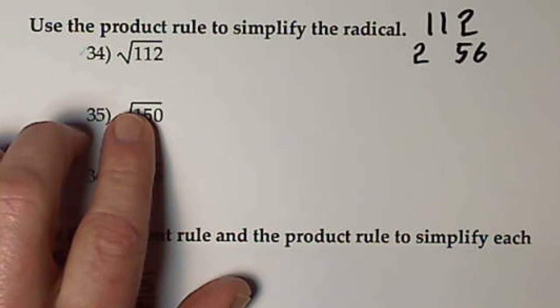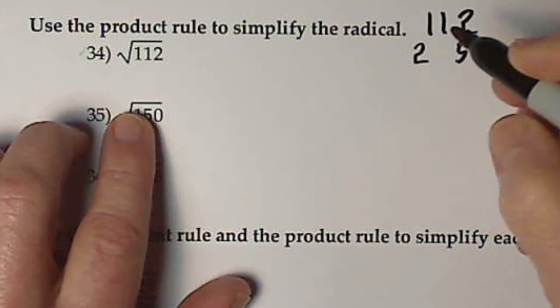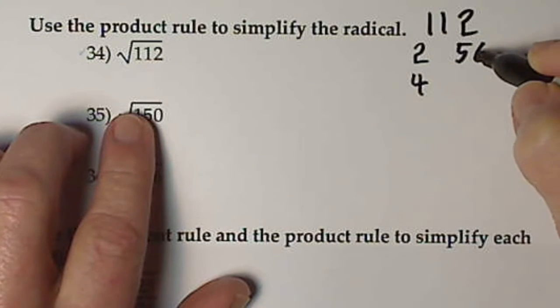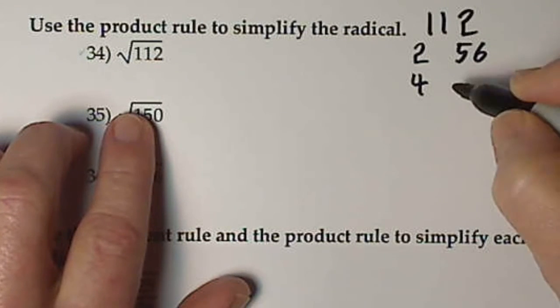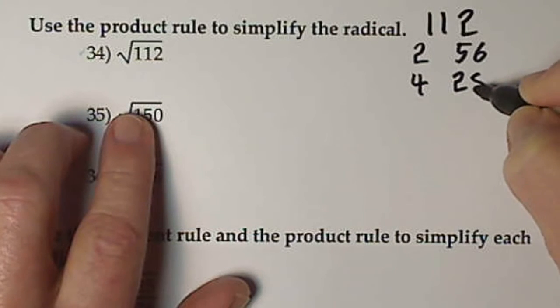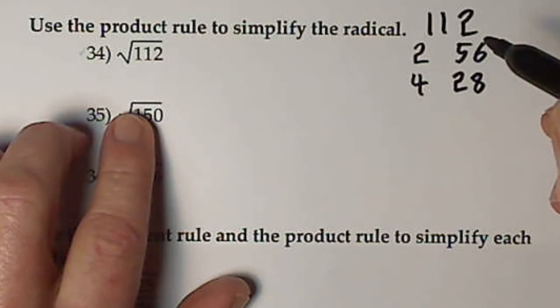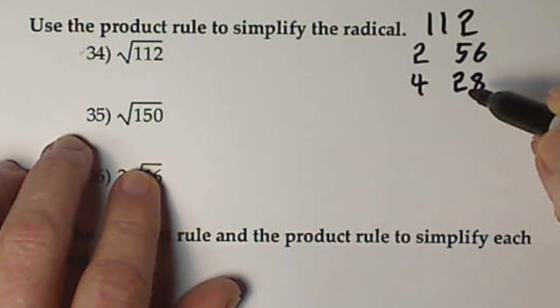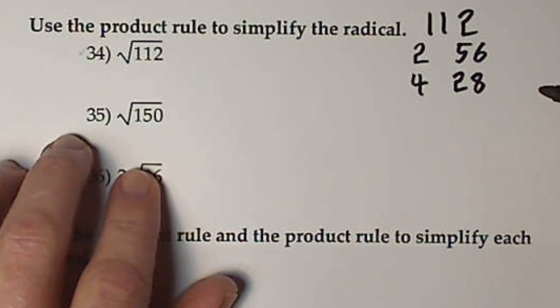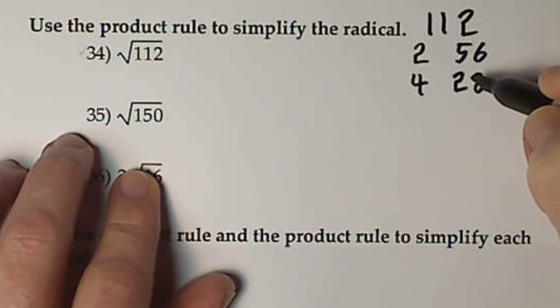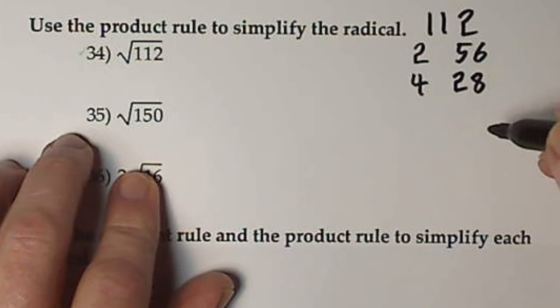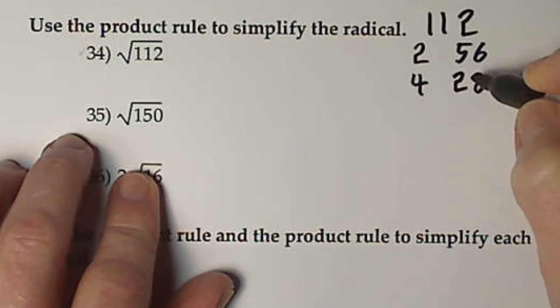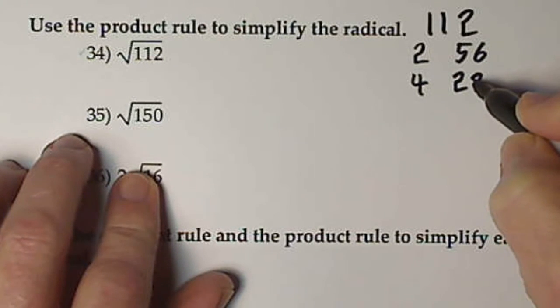Still no perfect square. 3 won't go into it. 4, half of 56 would be 28. Okay, 4 is a perfect square. And 28 is made up of 4 times 7.